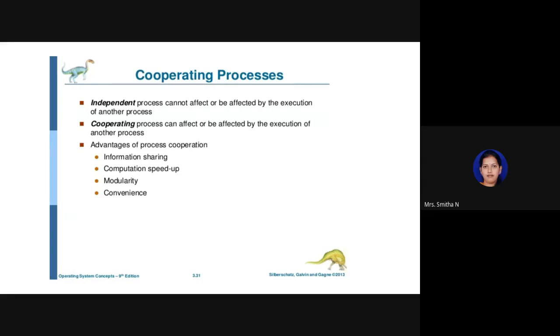Like if you take an example of banking, if you have n types of banks like SBI or ICICI, they are independent of each other. If you deposit something in Syndicate Bank, it is irrespective of SBI; Syndicate Bank is not bothered about what you're doing in the SBI bank.